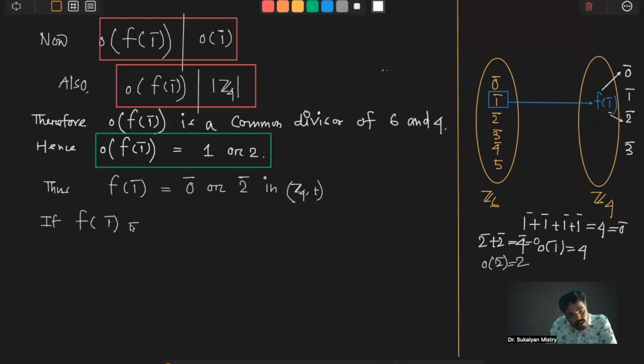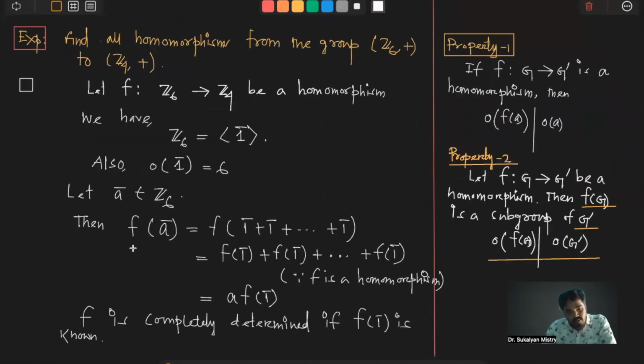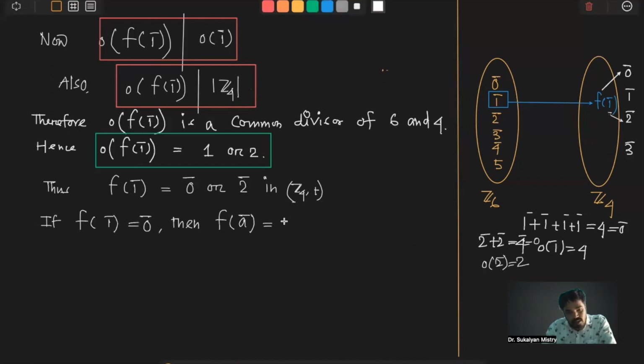So if f of 1 bar is equal to 0 bar, then f of a bar is equal to, just from this equation, f of a bar, f of 1 bar is 0, so it is 0 bar, for all a bar belongs to Z6, right?